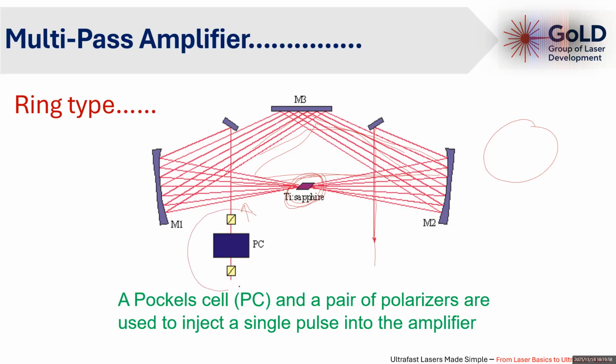Maybe in your mind you may think, what is this Pockels cell, and after the oscillator the Pockels cell is used to select the pulses. It's not possible otherwise. The femtosecond oscillator has a repetition rate of 80 megahertz, we assume, or 40 megahertz.